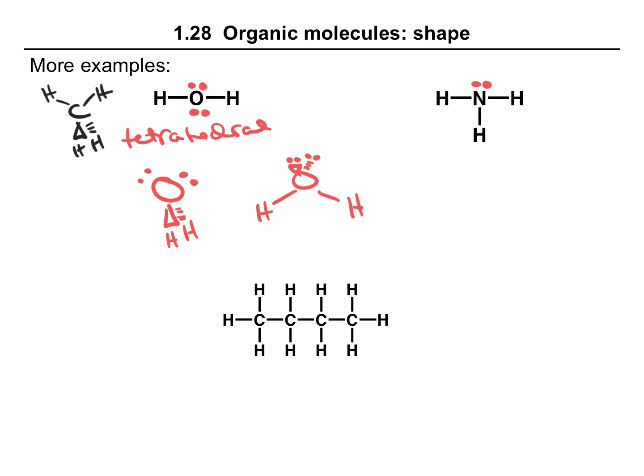So because this central oxygen is connected to 4 groups, this atom, this atom, this lone pair, and this lone pair, the geometry or the shape is tetrahedral with respect to all electrons. But when we are just looking at the shape with respect to the atoms, so just focusing on HOH, then the geometry we say is bent.